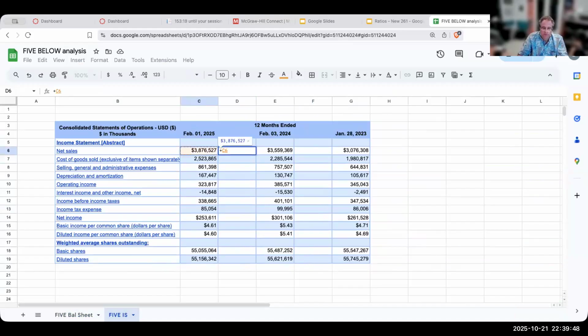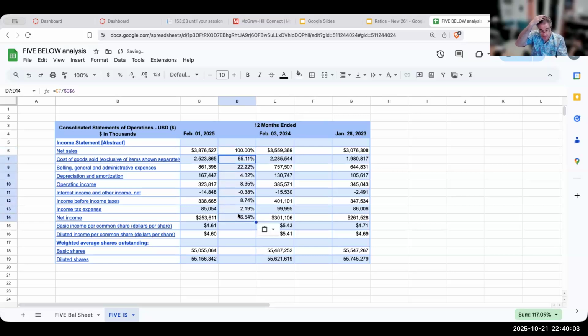Now for this one, what I'm going to be doing is showing everything as a percentage of total revenue. And what I want to make sure I don't do, once I get down to earnings per share, is I'm just going to leave these alone. I don't show the earnings per share number as a percentage of the total.